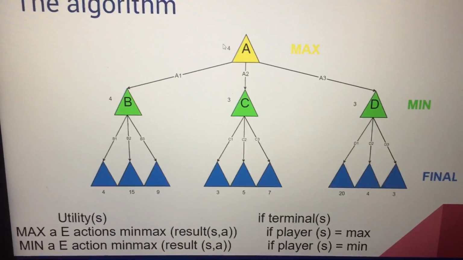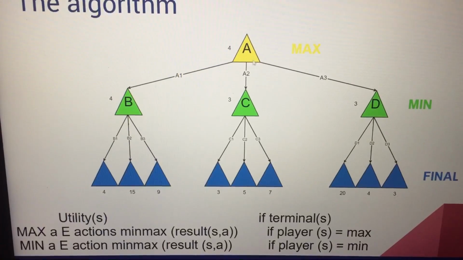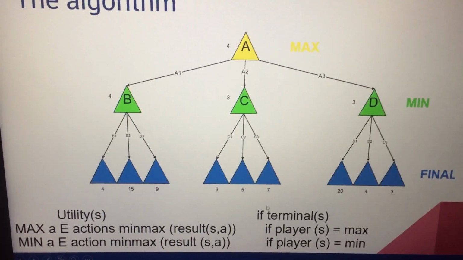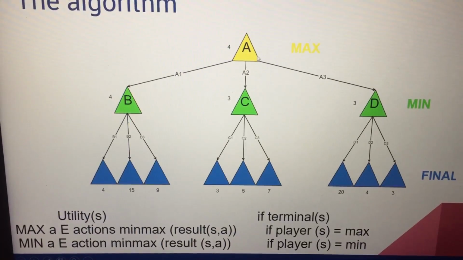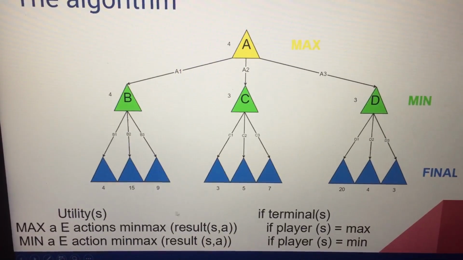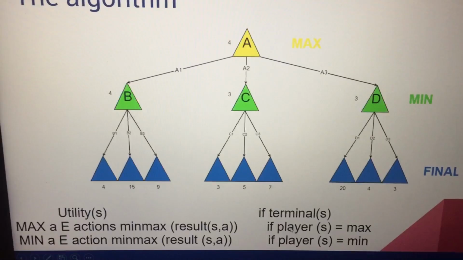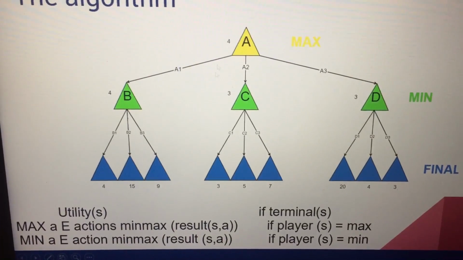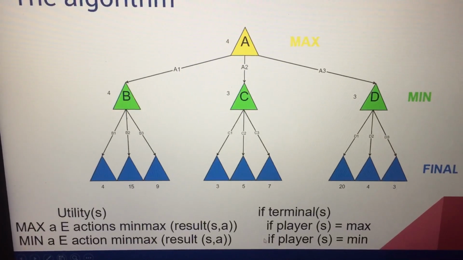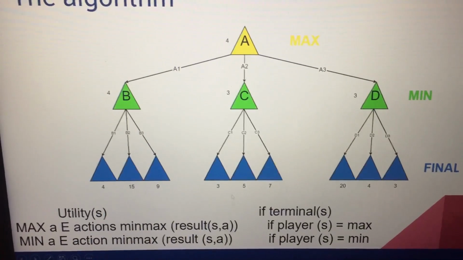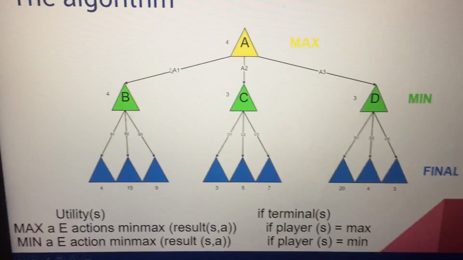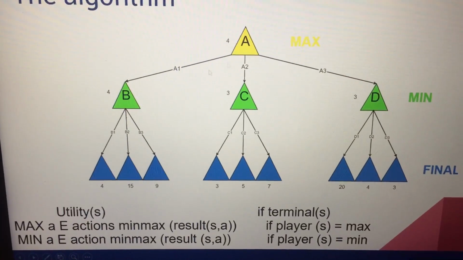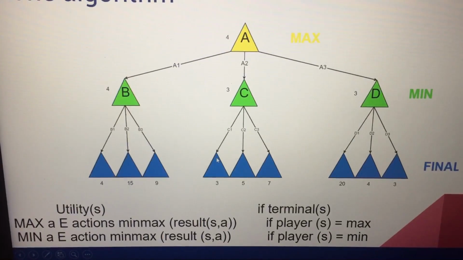So for example, we start here on max, and we ask: is the state of max a terminal? No. So we go to the next line. Is the player max? Yes. We want to calculate, as I said, the maximum min-max utility value for these states with all these possible moves.